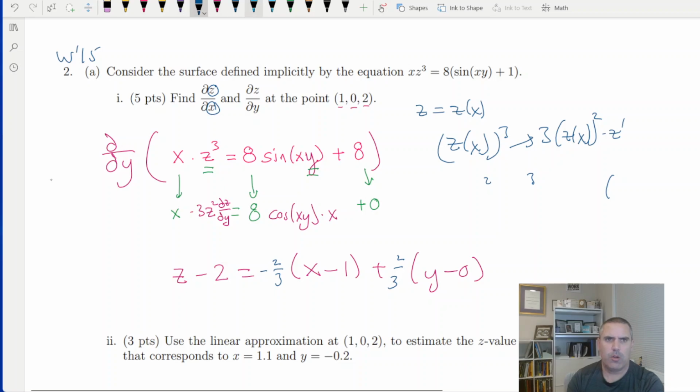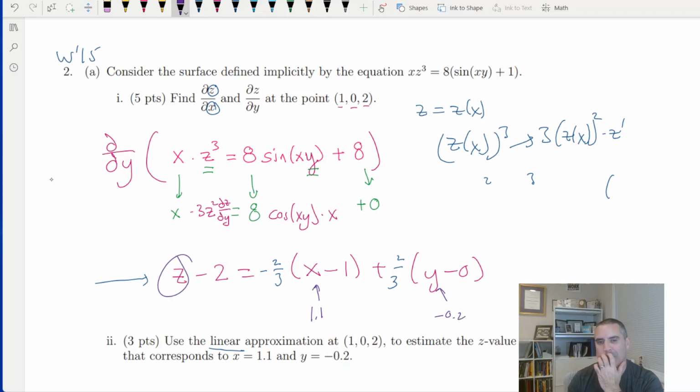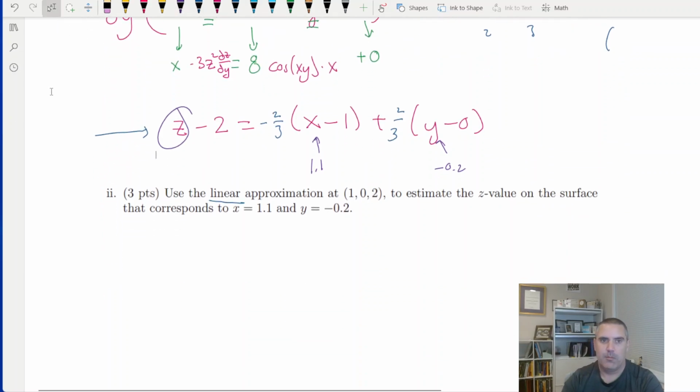So sometimes students go, but what about this linear approximation thing? This is the linear approximation. You have nothing new you have to do. So a question that says use this as a linear approximation is saying, I want you to plug in a 1.1 here and a negative 0.2, and then I want you to tell me what z is. Now sometimes we use this notation L of xy, but that shouldn't scare you.